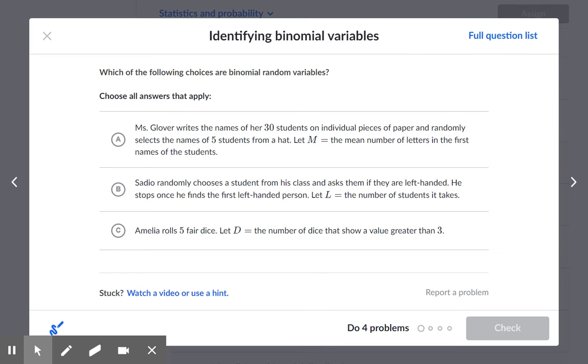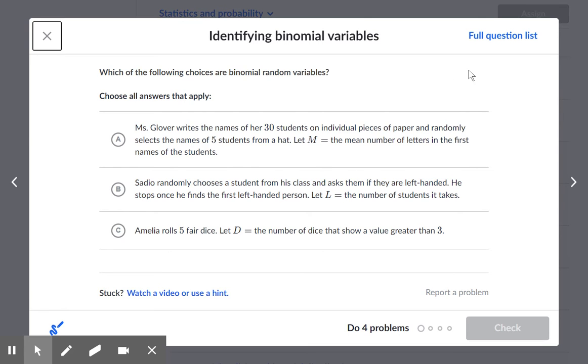Here the number of trials is 5. And the probability of success: if you want to find the number of heads, we know that the probability of heads is 0.5, 50%. Each time you flip a coin, the probability of heads does not change. It's always going to be 0.5. Check. So it satisfies the binomial conditions. This is a binomial random variable.